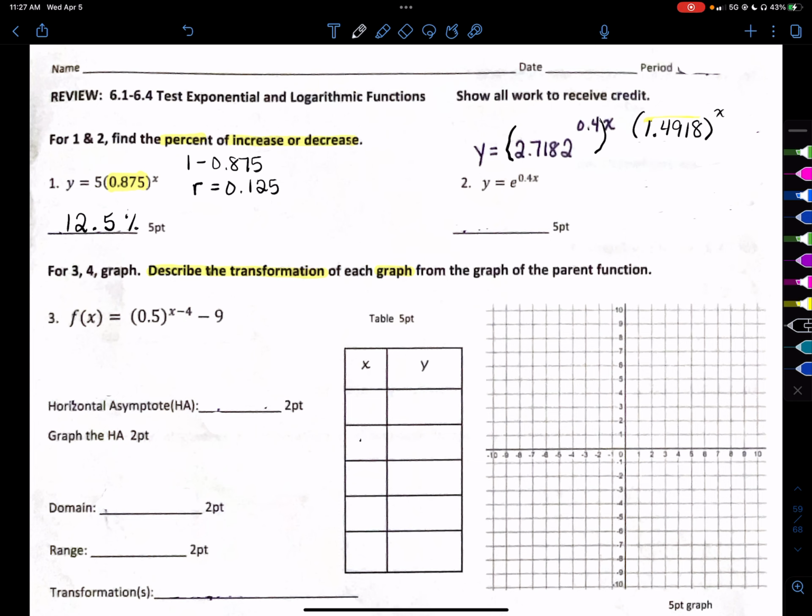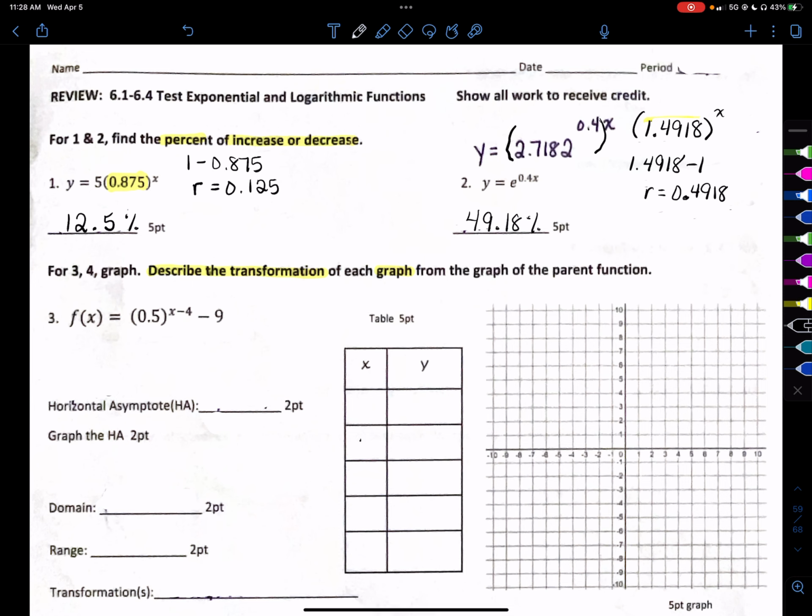Remember that the rate will always come out positive. So I'm going to do 1.4918 minus 1. This will give me my rate of 0.4918. Now, turning the rate into a percentage is moving the decimal 2 places to the right, multiplying by 100. So we will have 49.18%.